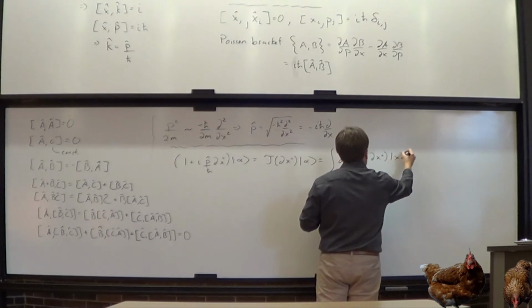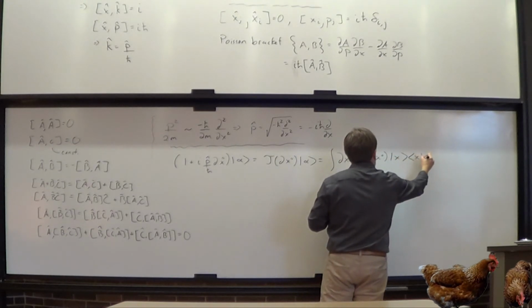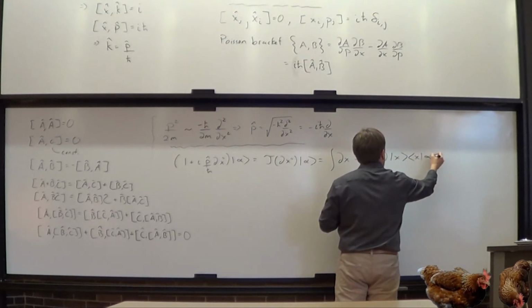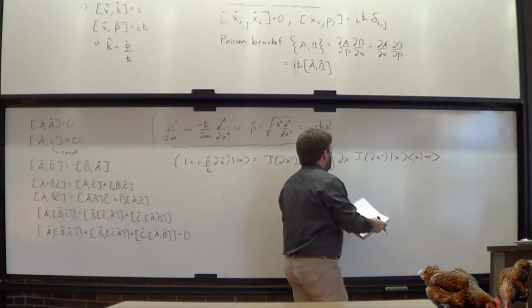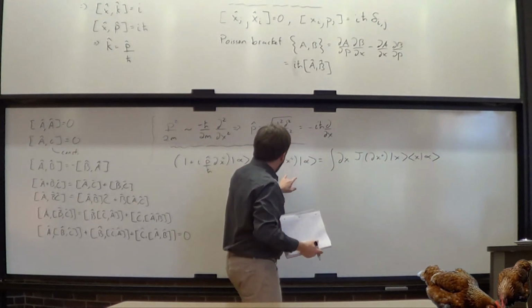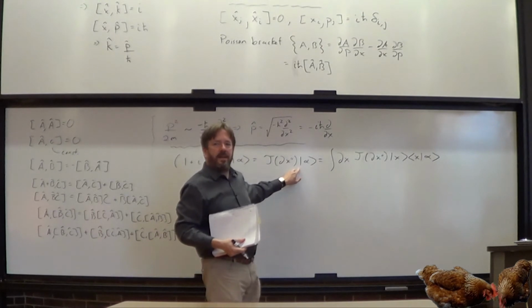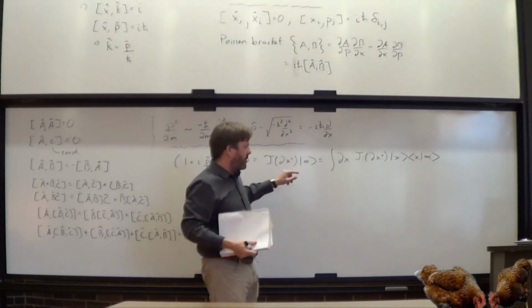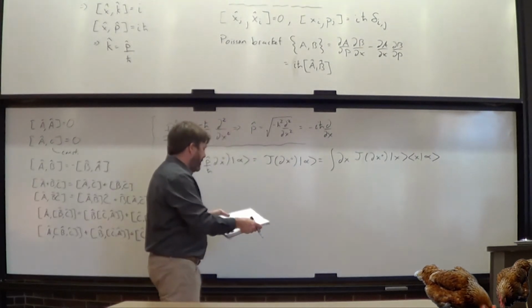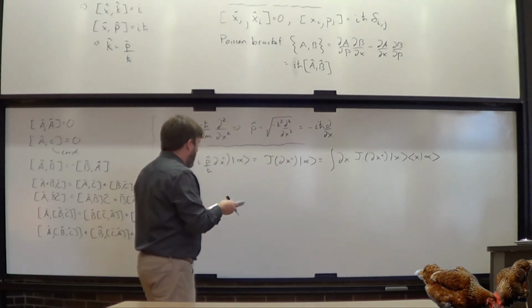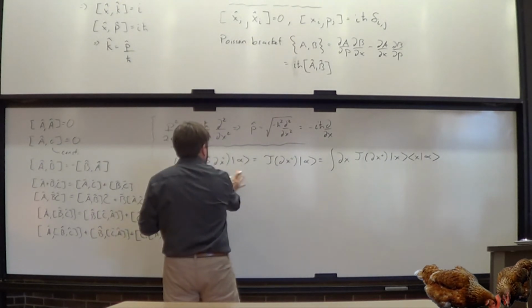Okay, here's the outer product. So I slipped in the resolution of the identity between. Remember, you can slip these around wherever you need to. Let's see here. All right, so then this, let me put this over here.